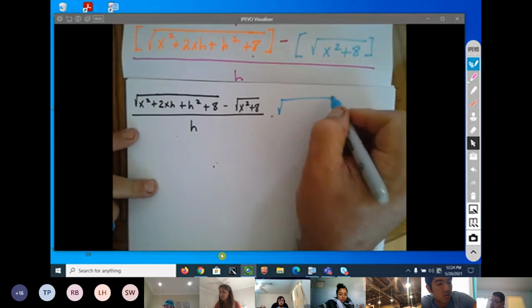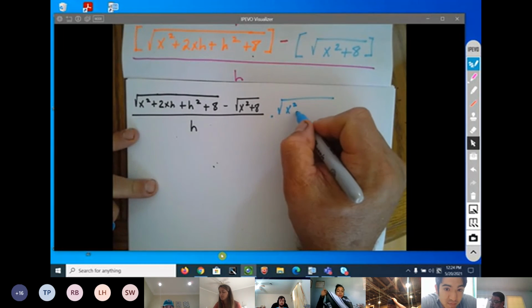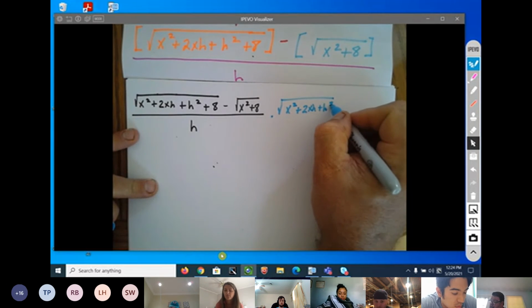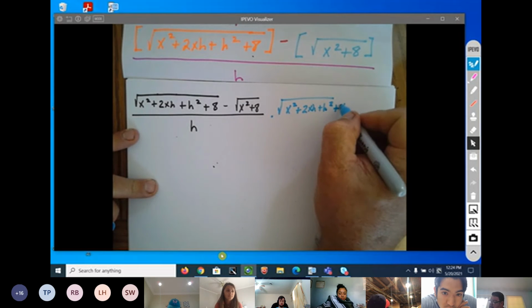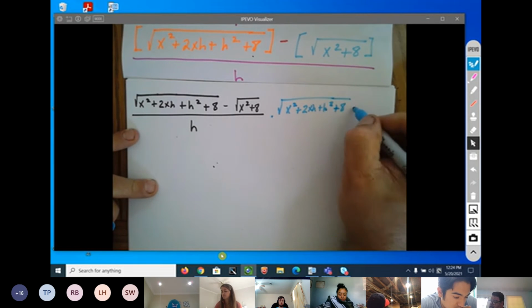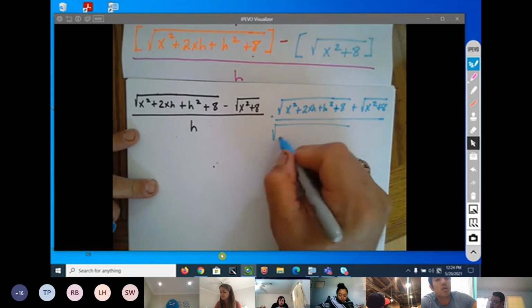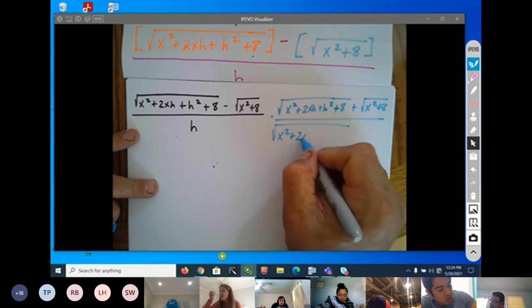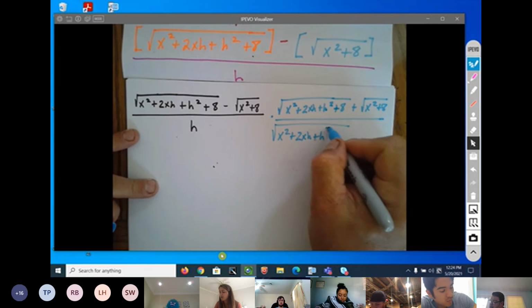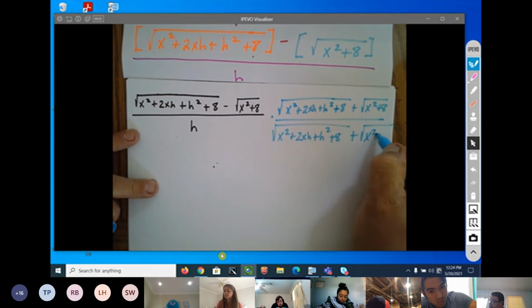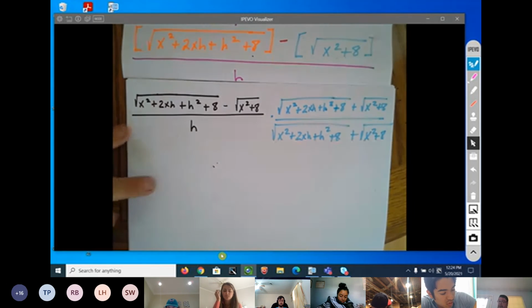The square root of x squared plus 2xh plus h squared plus 8 plus the square root of x squared plus 8, over the square root of x squared plus 2xh plus h squared plus 8 plus the square root of x squared plus 8.